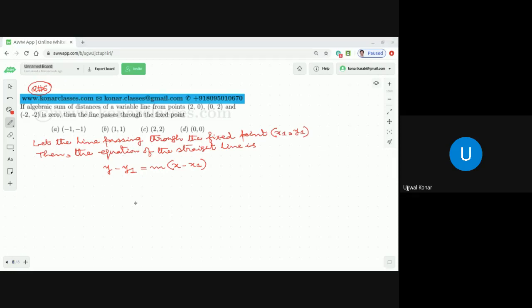So how to represent that case? What is the distance of this point from the line? Okay, so let's write it down.